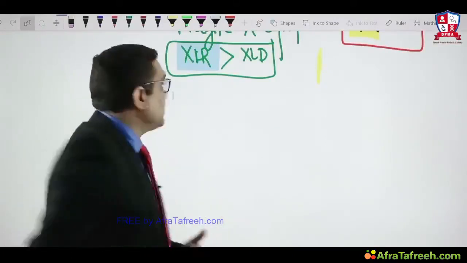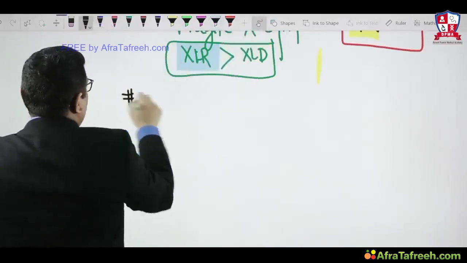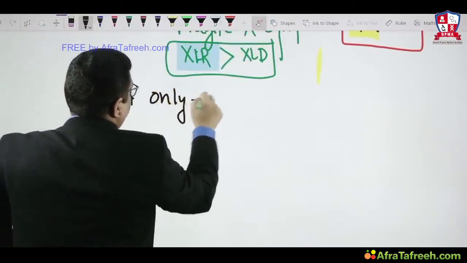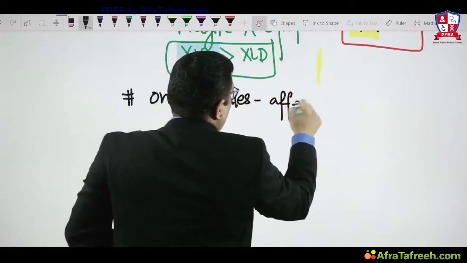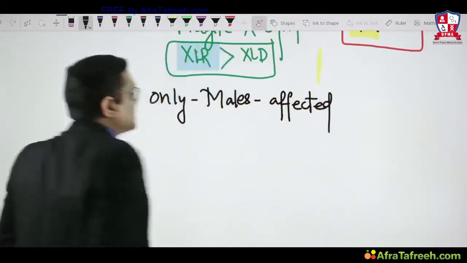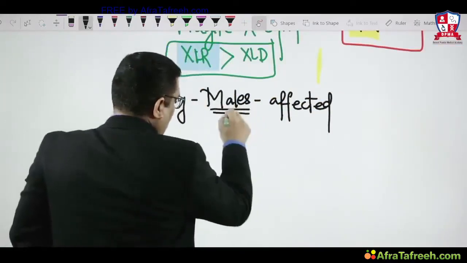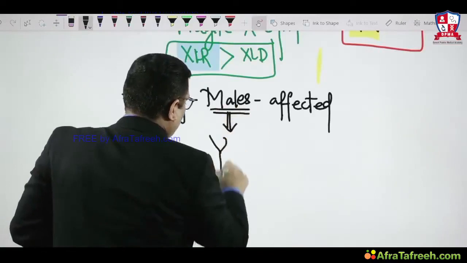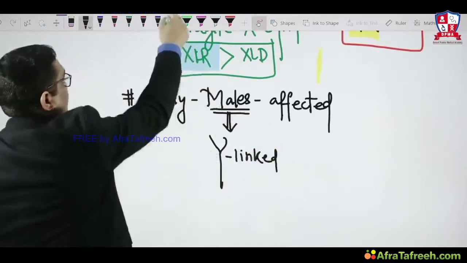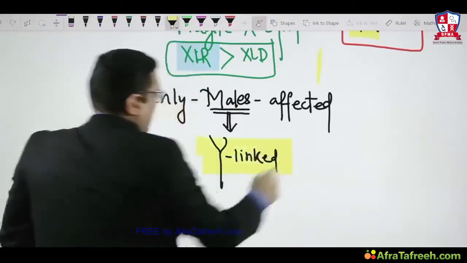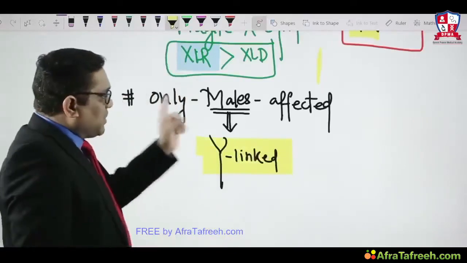Only males are affected in Y-linked disorder. That was the question in the All India exam 2014 and 15.